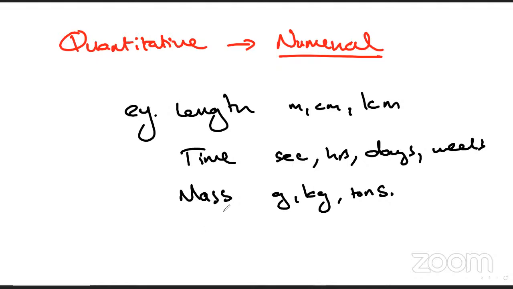And what else? Weight, mass, time, capacity, liters, kiloliters, etc. Those are quantitative. Quantitative data is numerical. Quantitative versus qualitative data.